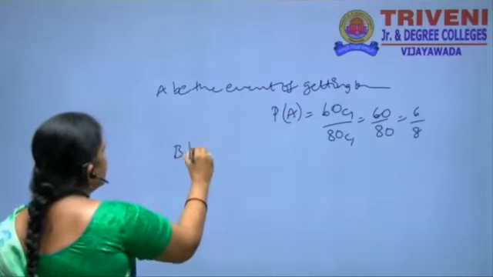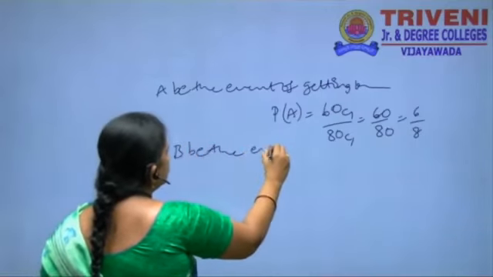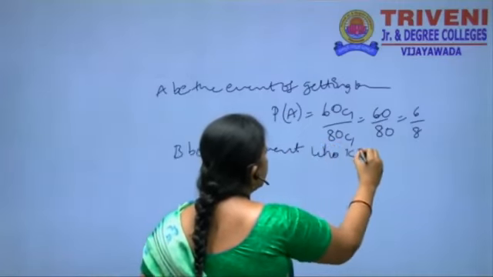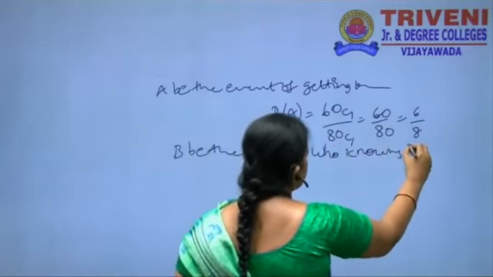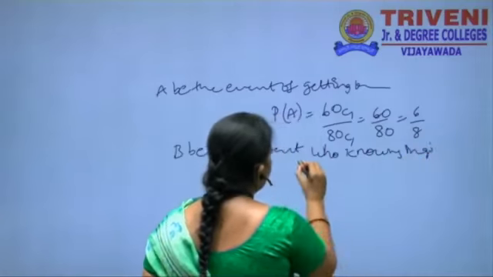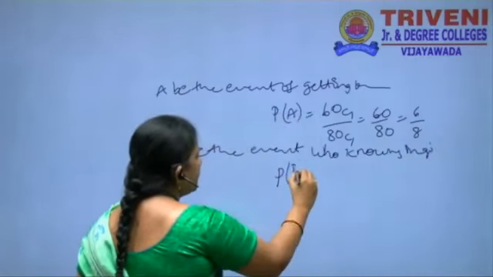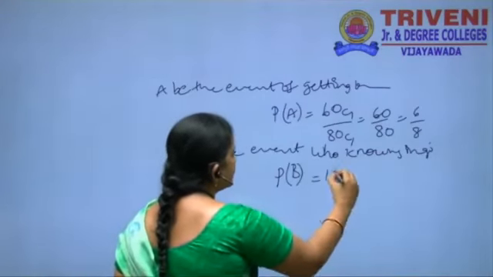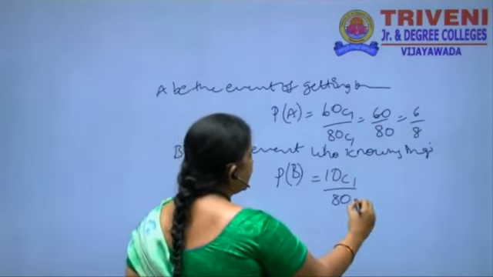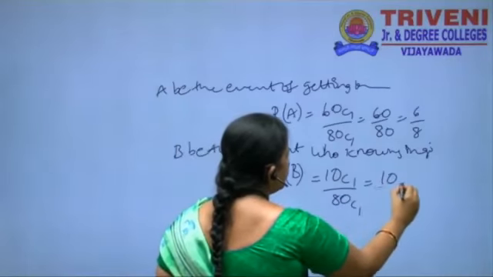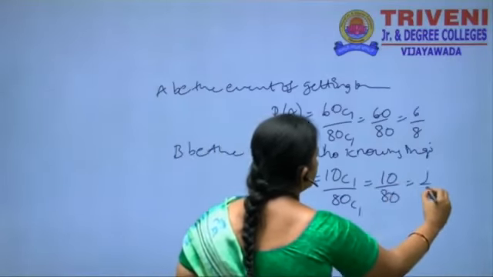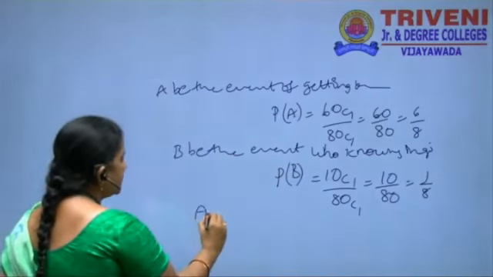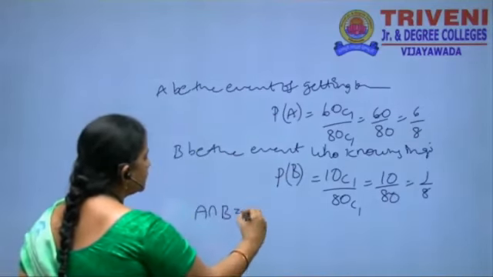And B is the event of knowing cricket among girls, that is half of the members. Half of the 20 members is 10. 10C1 by 80C1 is nothing but 10 by 80, that is equal to 1 by 8. Then the intersection part is not there here, so A intersection B is equal to 0.